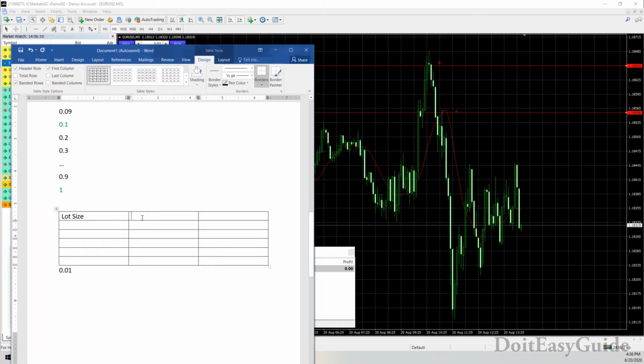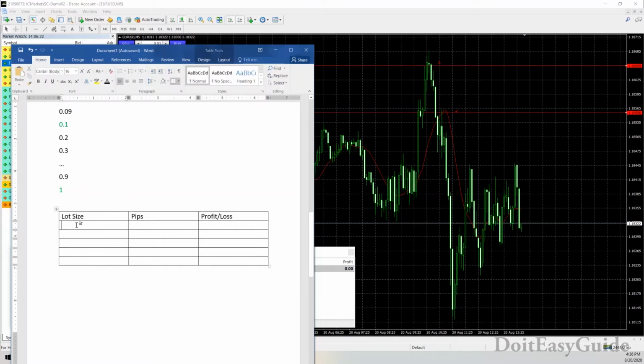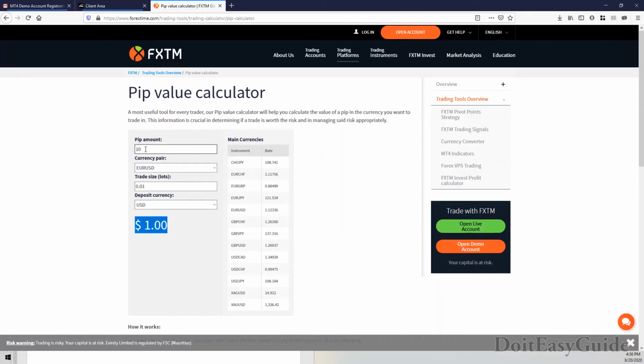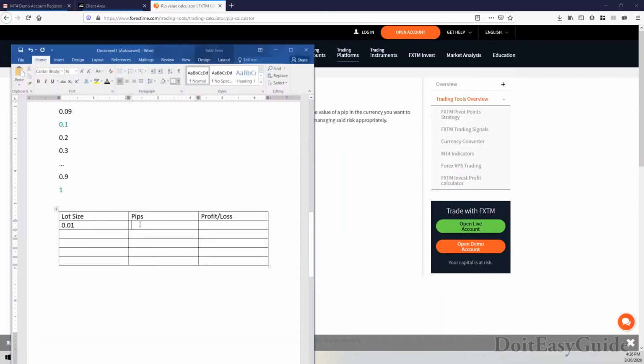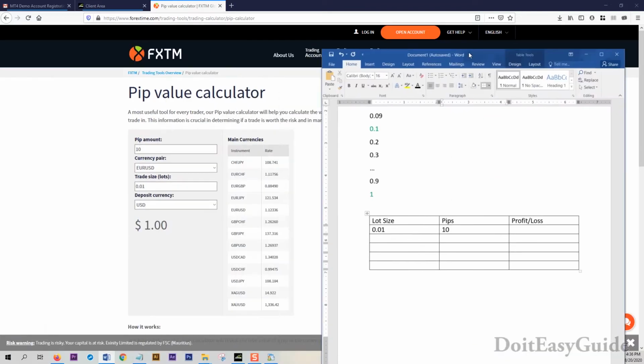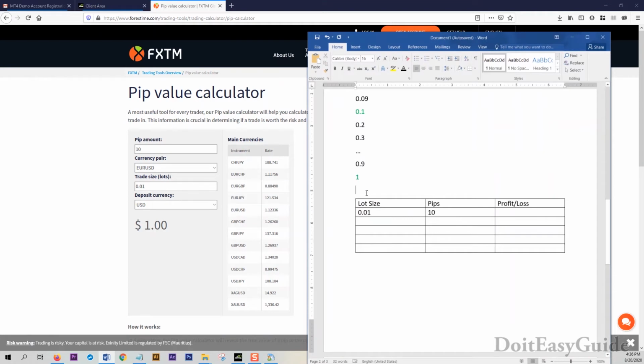Lot size, pips, profit, loss, right? So if our lot size is 0.01 and we are targeting 10 pips, remember our pair is Euro USD, our profit would be $1.